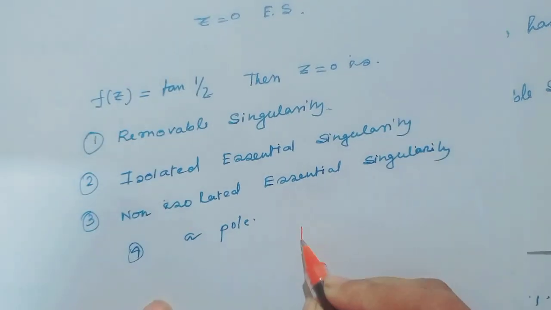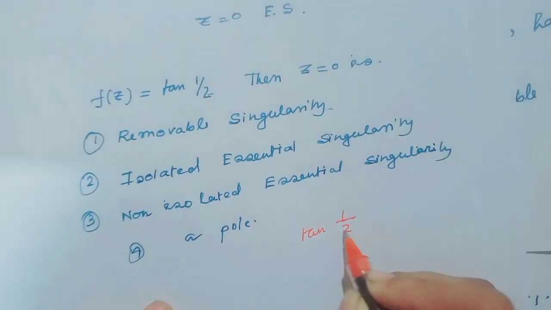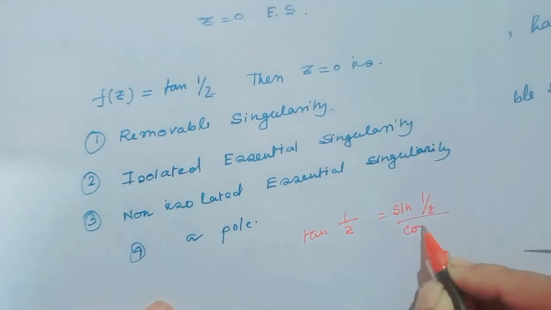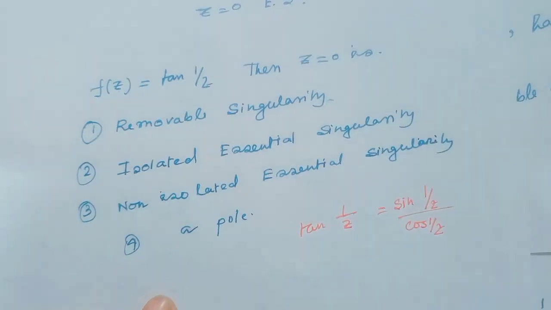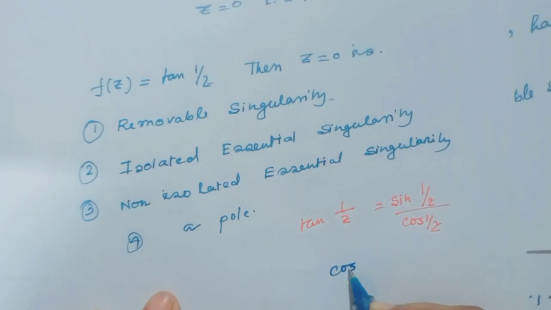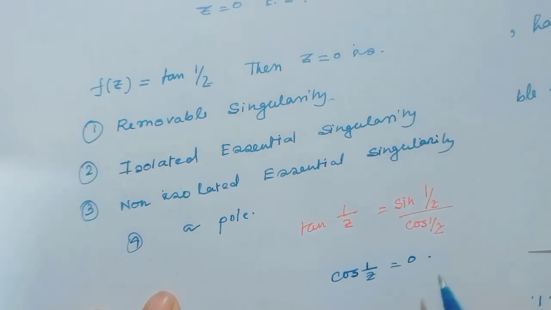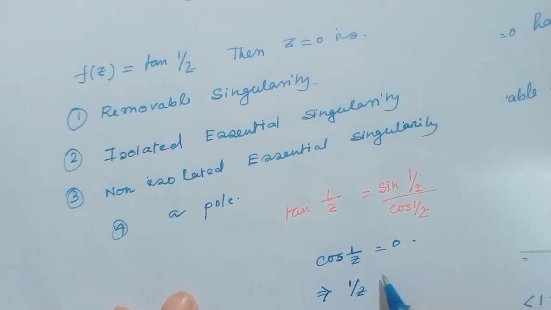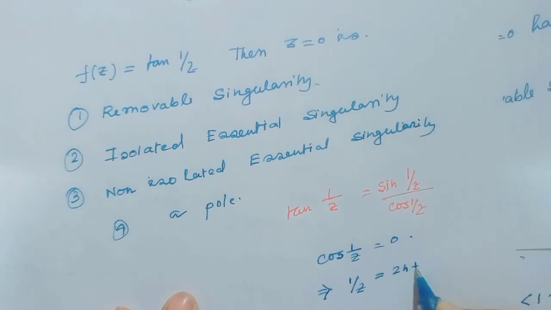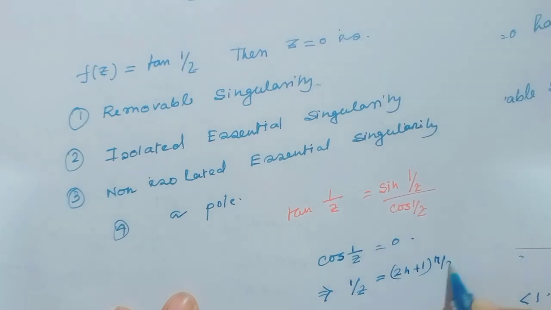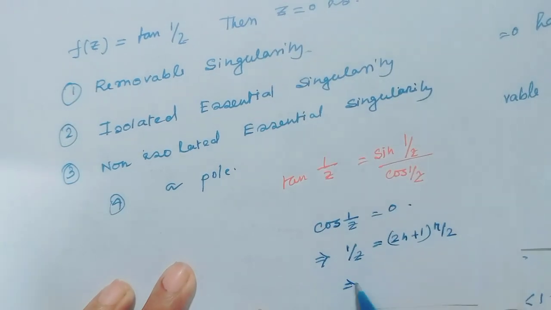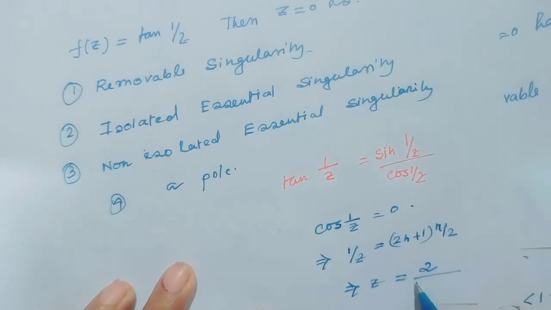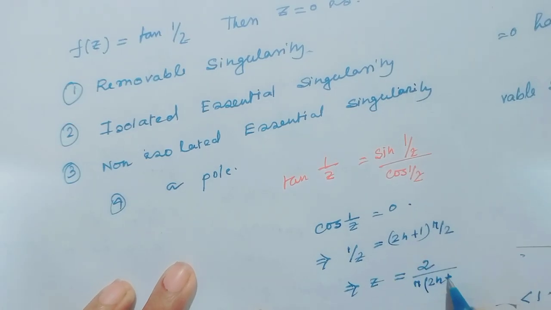f(z) equal to tan 1 over z. Tan 1 over z means sin 1 over z divided by cos 1 over z, and the function is not defined when cos 1 over z equal to 0. That means 1 over z equal to (2n plus 1) pi by 2. That implies z equal to 2 over pi times (2n plus 1).